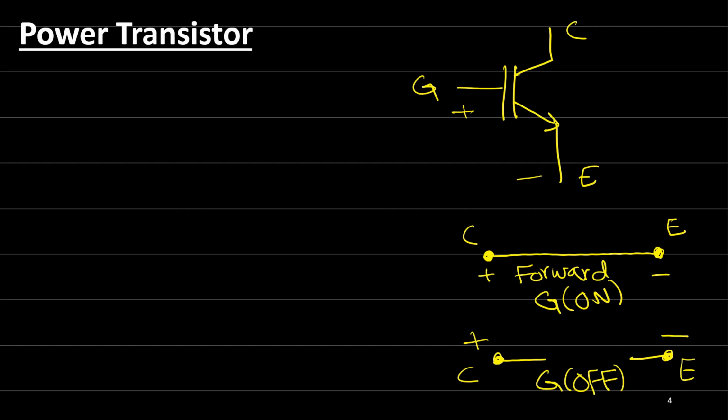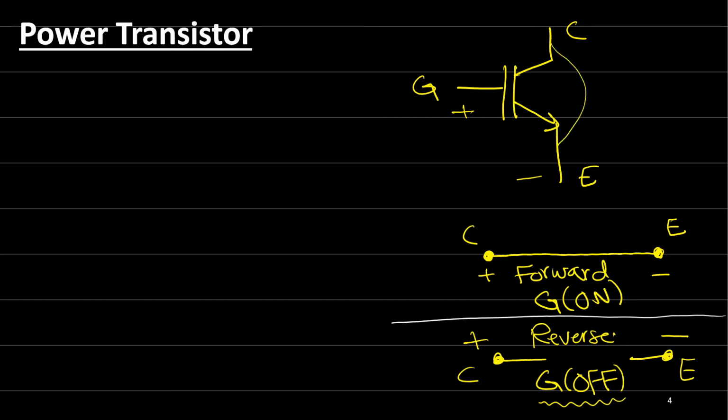But in this case, the collector-emitter voltage is positive, but in the reverse bias. Why reverse? Because the gate is off. So here we have full control across this transistor. When the gate is on, we have a short circuit. When the gate is off, we have an open circuit. So this gate can control everything in this transistor.